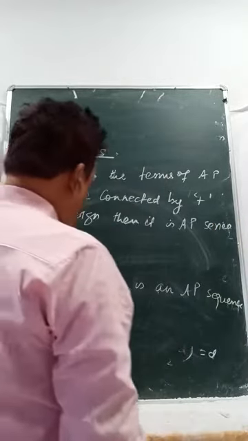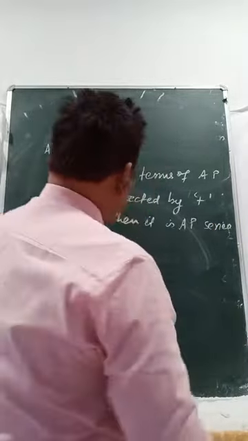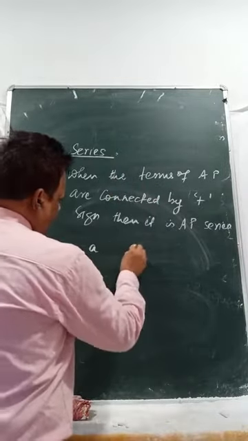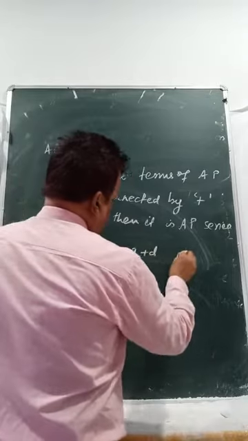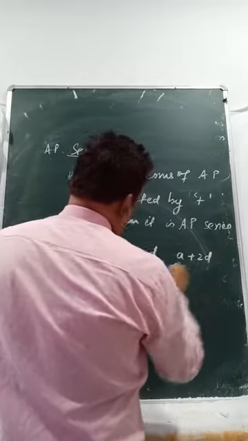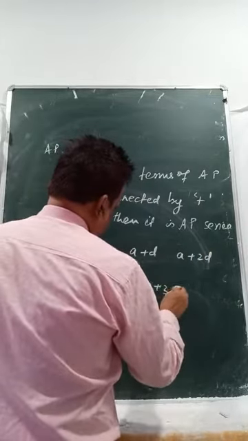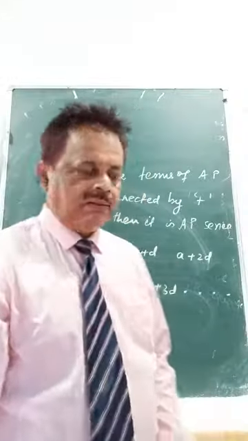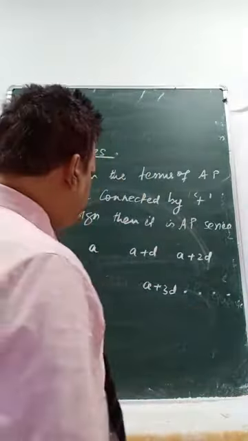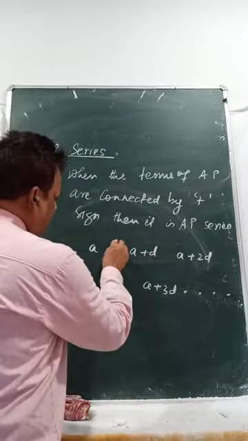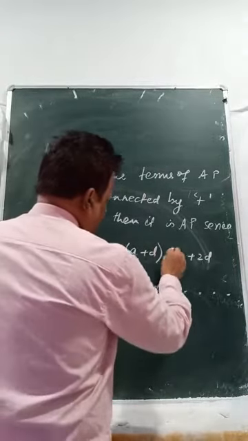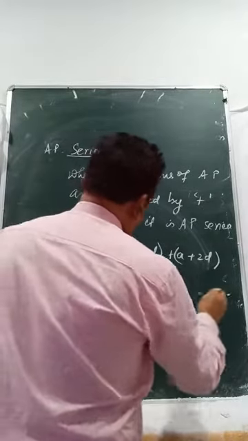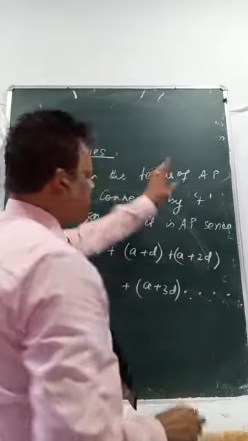Okay, so look at here, when I told you A plus D, A plus 2D, A plus 3D like this when you write, this is a sequence. But when you put a plus sign between them, then it becomes arithmetic series.